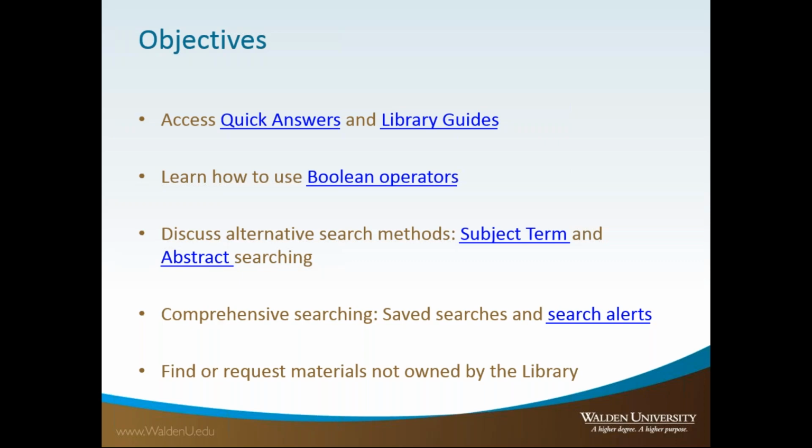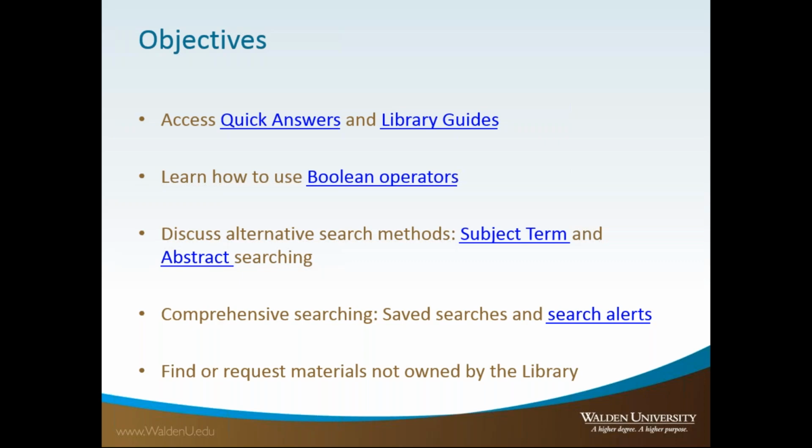We'll talk a bit about comprehensive searching, what it means when we talk about searching comprehensively or exhausting the literature, and look at how you can save searches and create search alerts. And then finally, we'll see how to find or request materials that the library does not provide access to, which is also a really important skill at the advanced level.